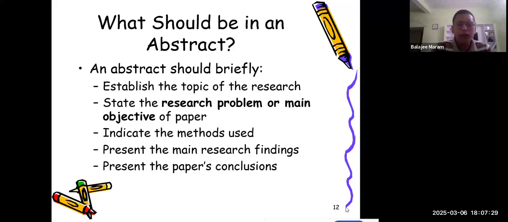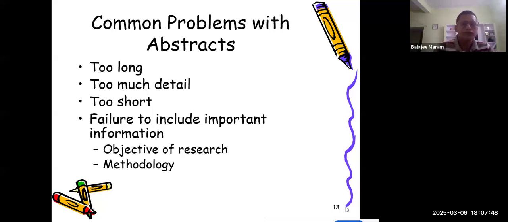Last point, present the paper's conclusions. Conclusion here is not like a full paper conclusion; it is one or two sentences of conclusion of the paper. So these are the points that should be included in the abstract.